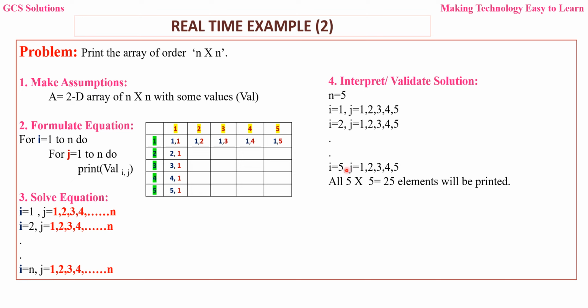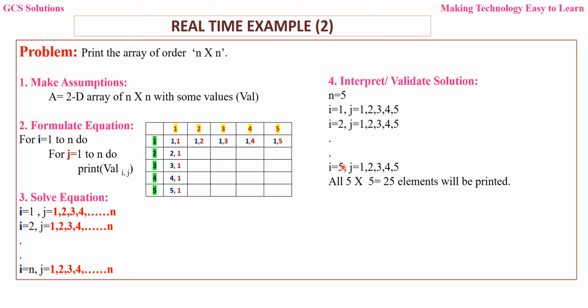So I have a 5 cross 5 matrix with 25 elements which will be printed. And here also, with the manual method, for each row I have 5 values and I am printing all 5 rows, so I am getting 25 values printed. So this way I am trying to represent my real world problem as a mathematical problem.